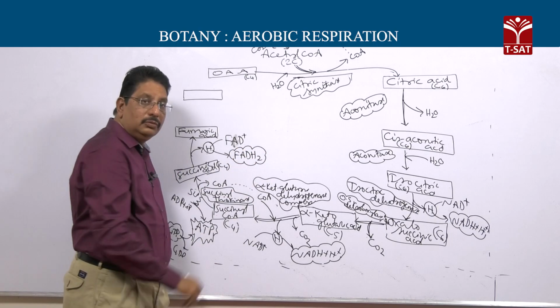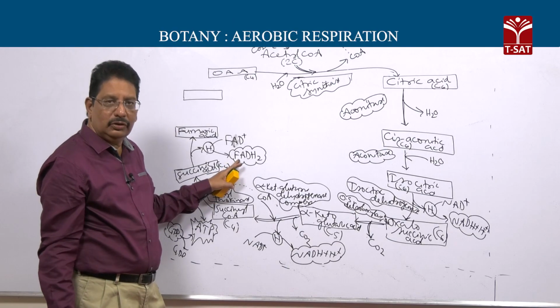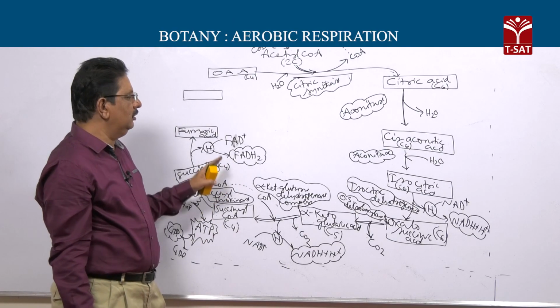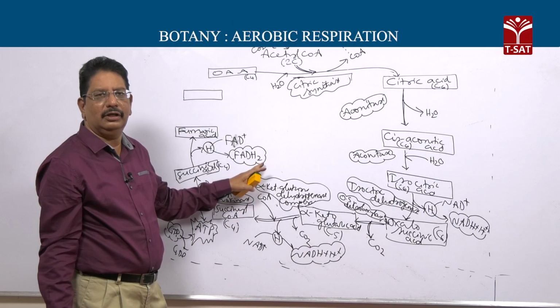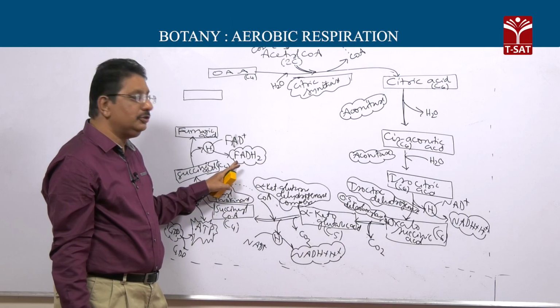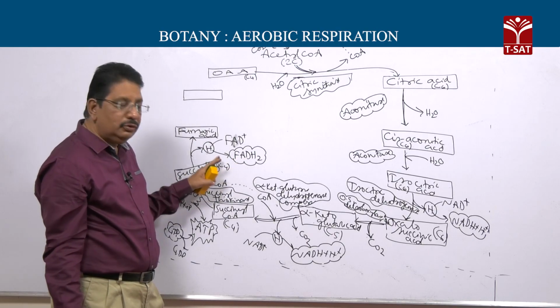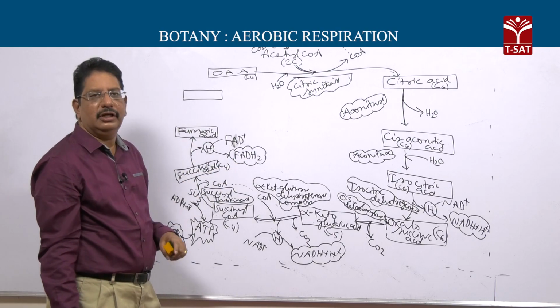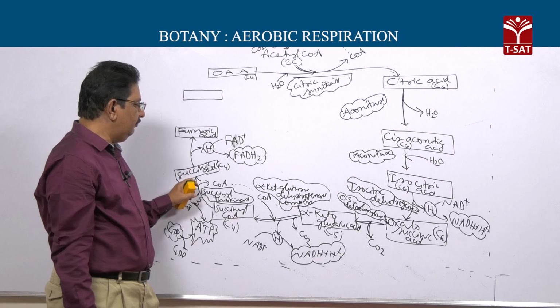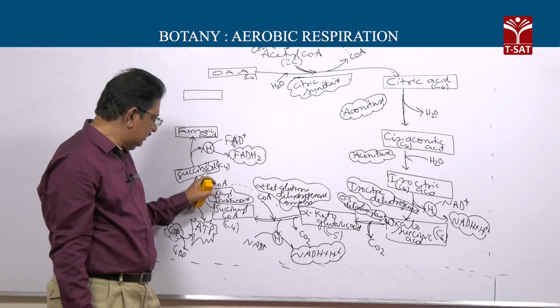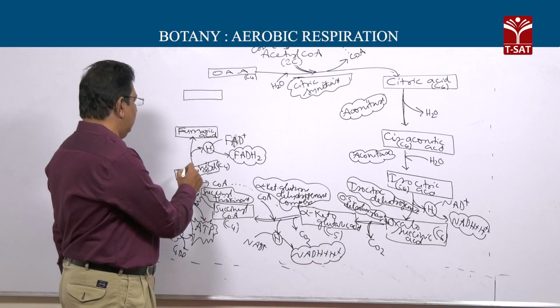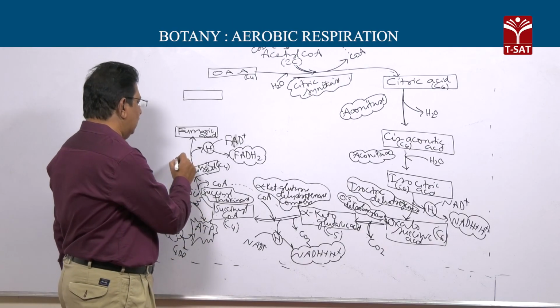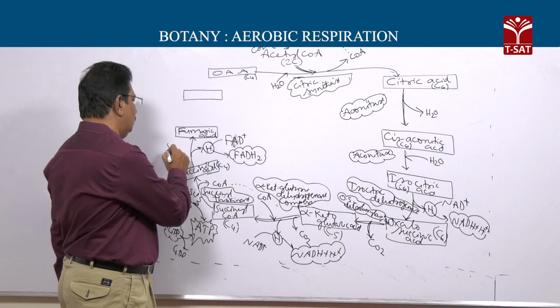So this is one more type of reduced coenzyme holding the energetic electrons and protons of glucose for a while. So FADH2 is formed during the conversion of the 4-carbon compound succinic acid into fumaric acid in the presence of the enzyme succinic dehydrogenase.